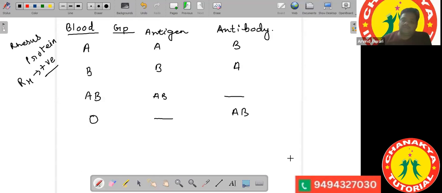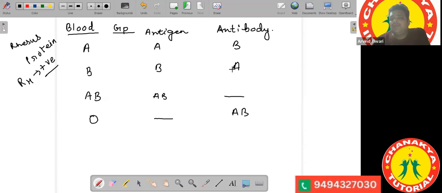Out of this, as we know, blood group A has the antibody B. If blood group A is transferred to a person carrying blood group B, there will be a blood transfusion reaction.